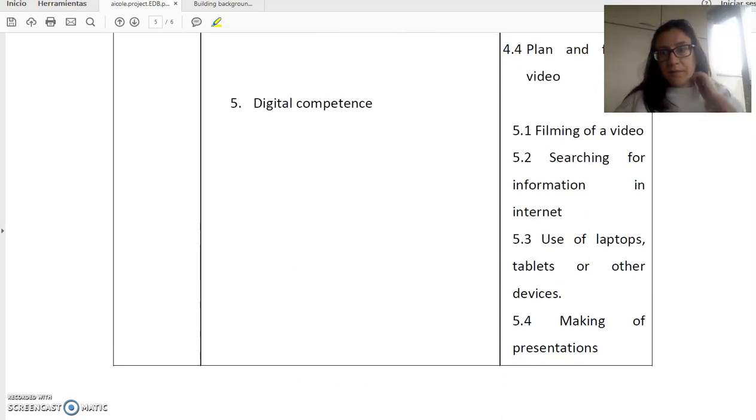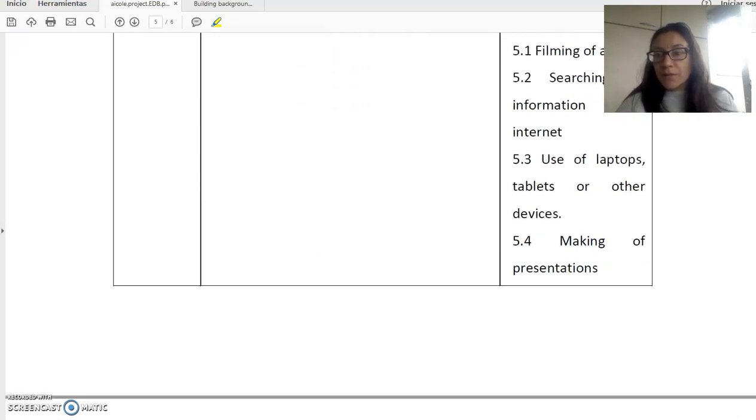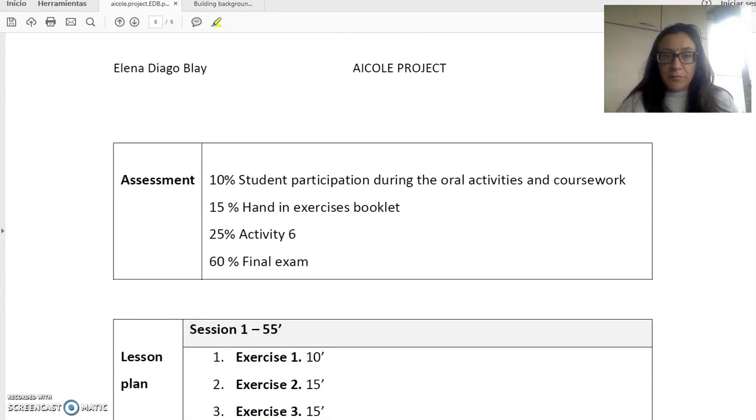The digital competence, basically because they are going to be working on laptops or tablets or computers, they will have to have access to internet, search, film the video, make presentations, as I mentioned before.